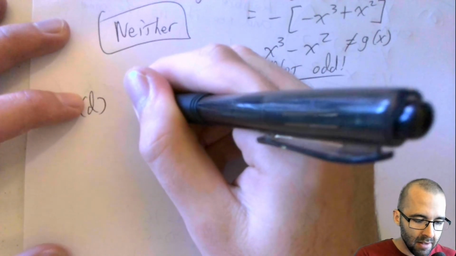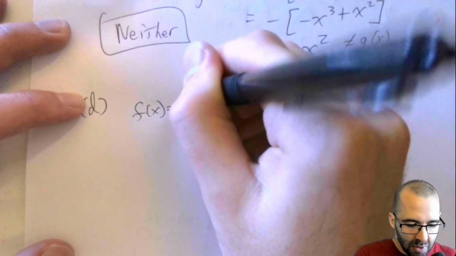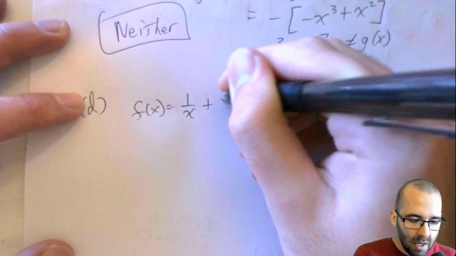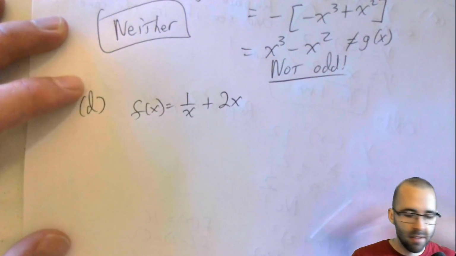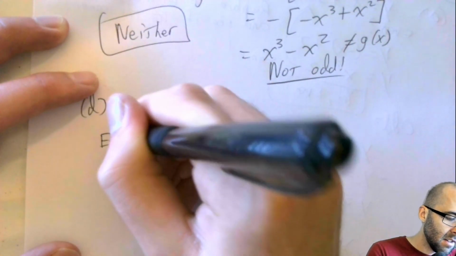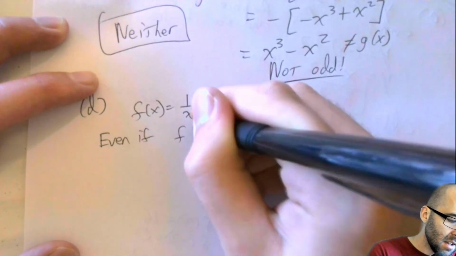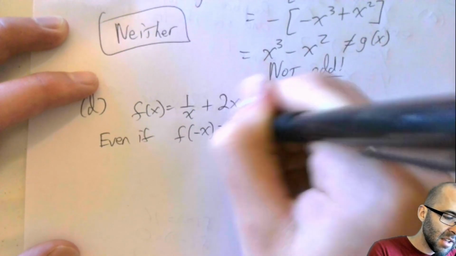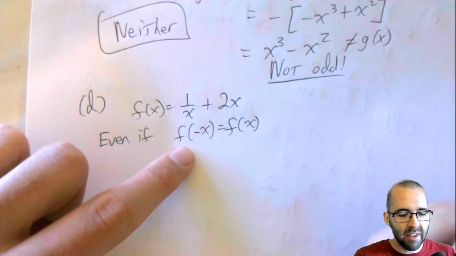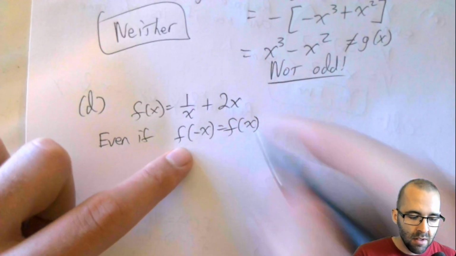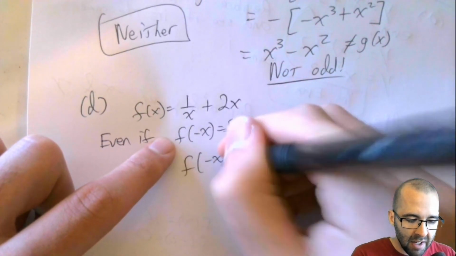All right? So we get f of x equals 1 over x plus 2x. So again, it's even if f of negative x is the same thing as f of positive x. This is the definition of even that we wrote on the previous page. We're going to say, well, what is f of negative x?